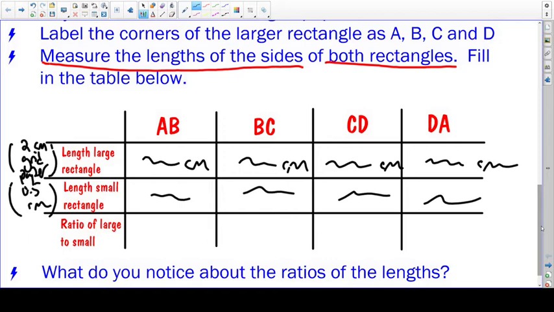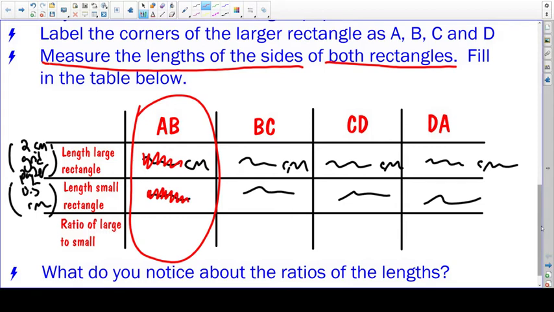Understanding that this takes some time, this would be another spot where you might want to pause the video. Then, in each of these cases, take the length of the large rectangle and divide it by the length of the small rectangle.